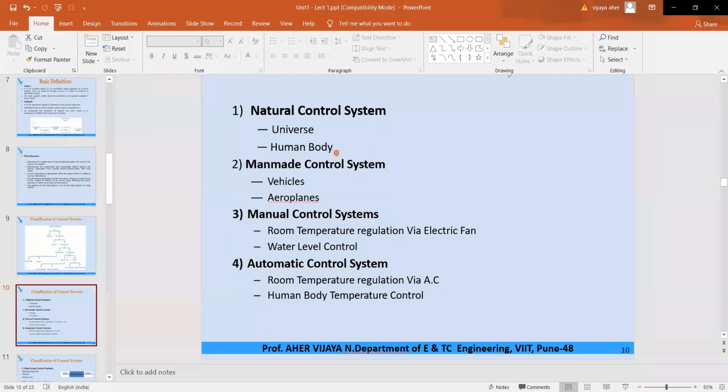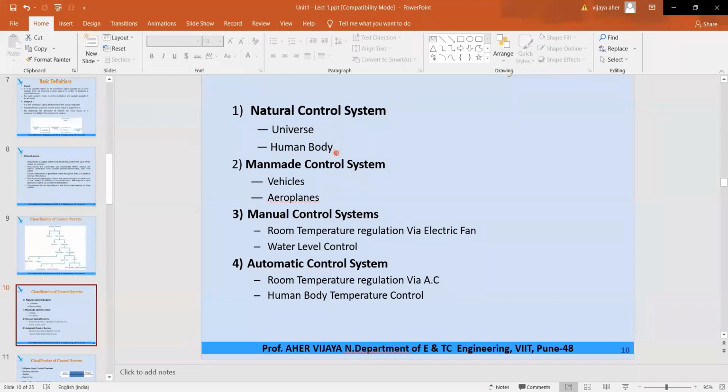It rains in winter, it rains in summer too. Rain falls anytime these days. Natural control system. You or me cannot control all these things. Human body is also a beautiful example of natural control system, right?